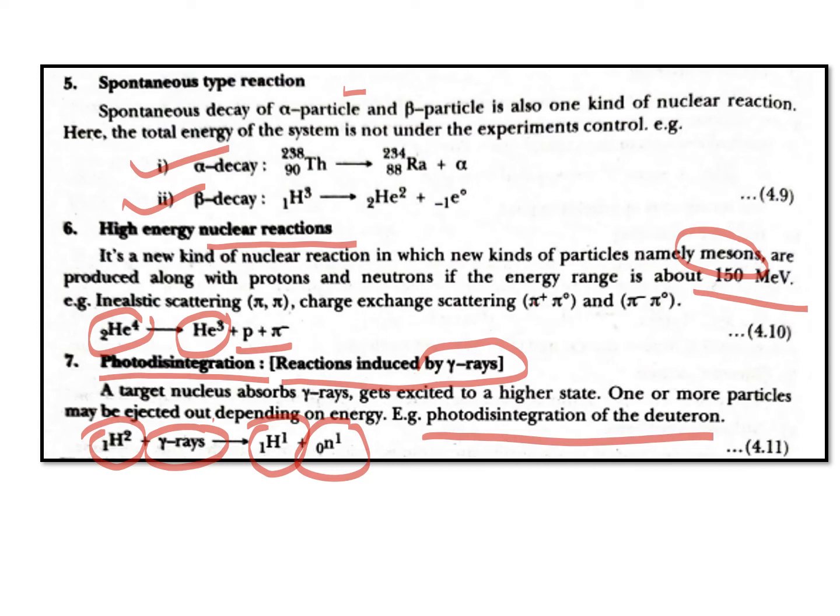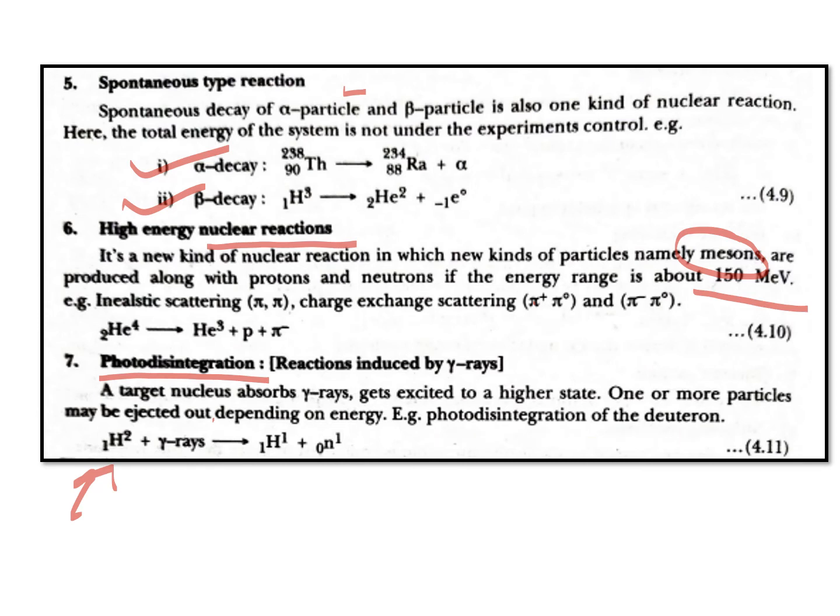When photon, gamma rays, are used as a projectile to bombard the target nucleus, it splits into the proton and neutron. This type of reaction is called photodisintegration, meaning with the help of a photon, it disintegrates the target. This is called the photodisintegration of the nucleus.